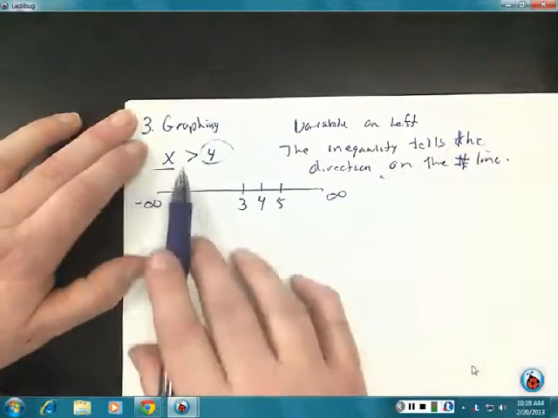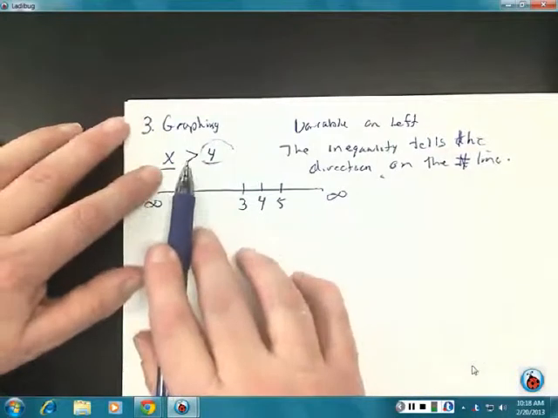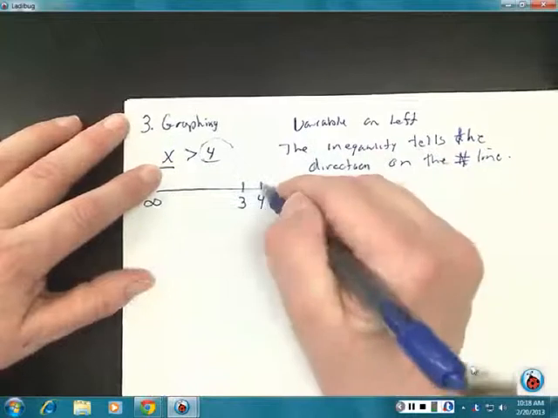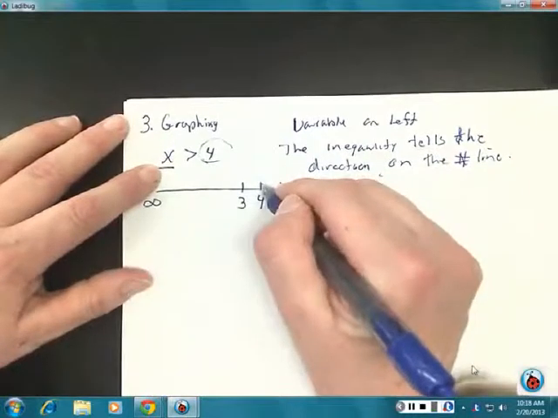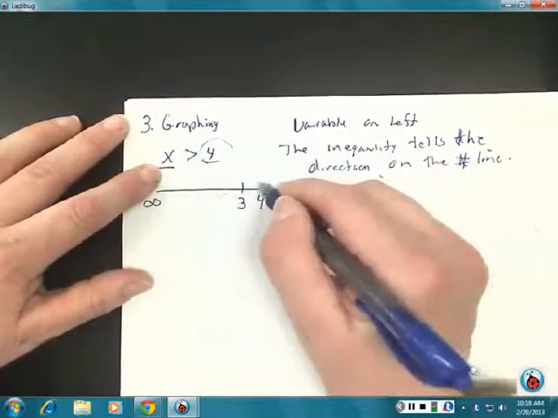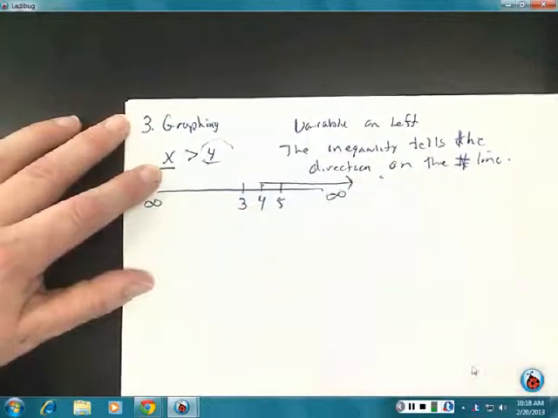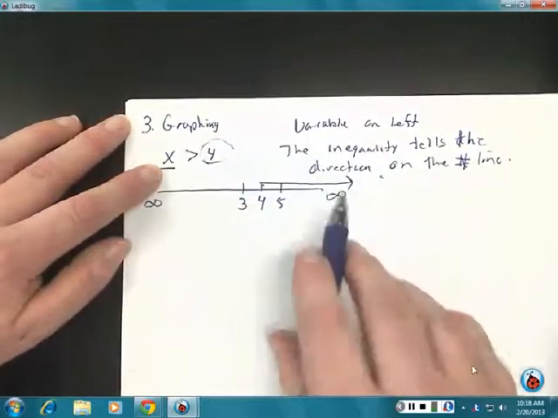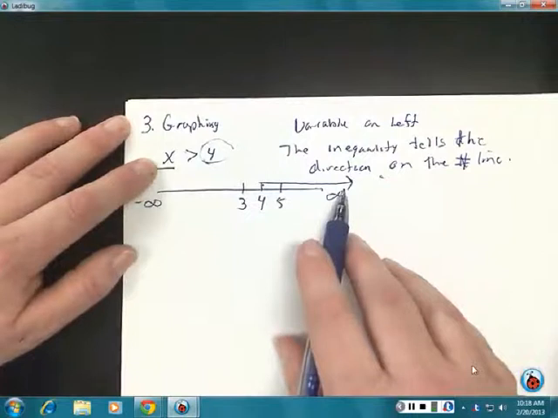Because it's telling me I want to go greater than 4, you're going to locate 4. This point tells me my line is going to head in that direction, but it doesn't end because there's no stopping after 4. It just keeps getting larger and larger and larger.